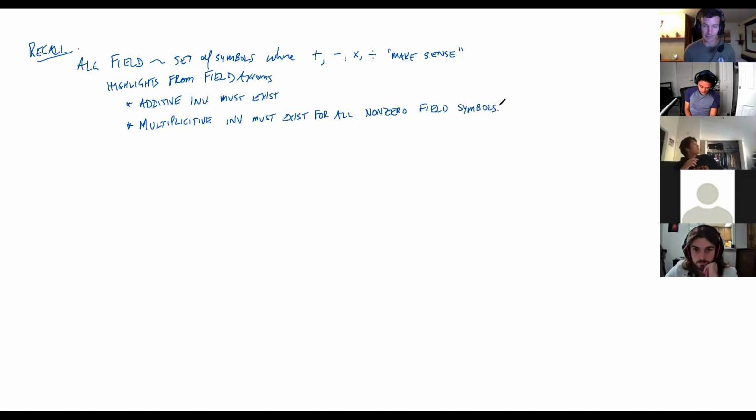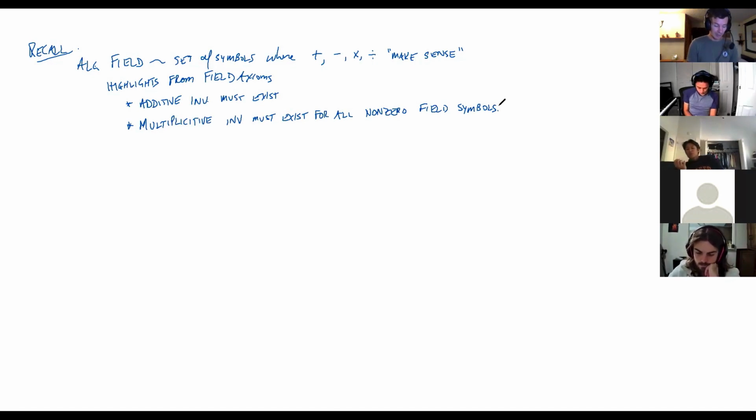We don't require there to be a number that when you multiply it by 0, you get 1. But for everything else in the field, in order to be a field, you need to be able to multiply by something else in the field and get to 1, which by extension means that 1 always has to be in the field. So at the very least, if you have a field, you're guaranteed a 0 element and you're guaranteed what we call a unity element. Normally you just call those 0 and 1.